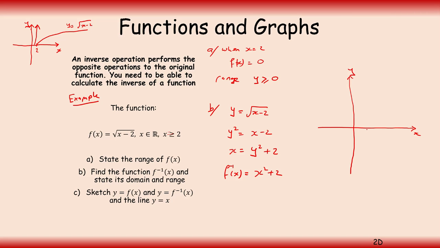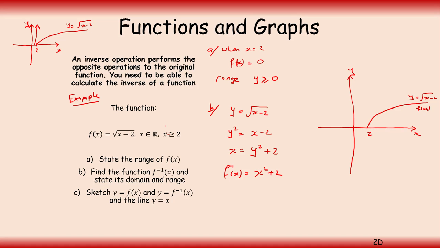Now we've already sketched the square root of x minus 2. That goes like that. That point is 2. That's y equals square root of x minus 2 or f of x.